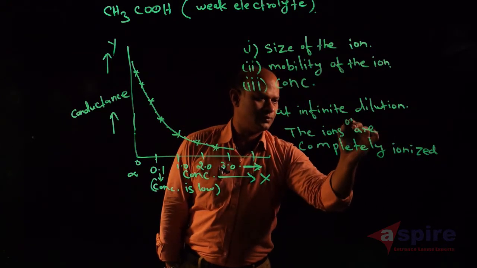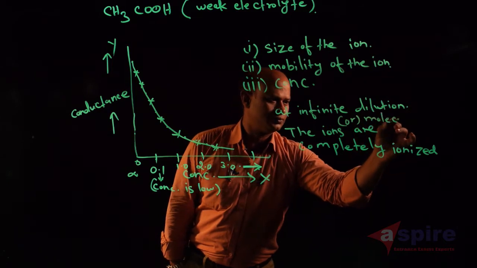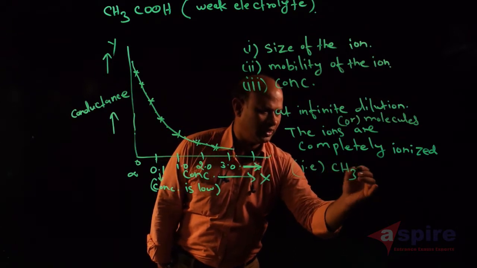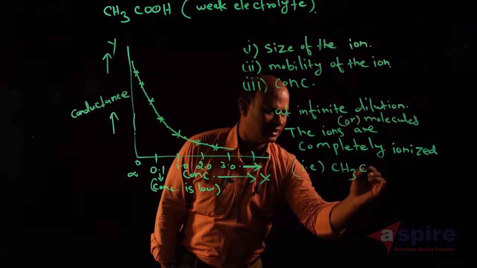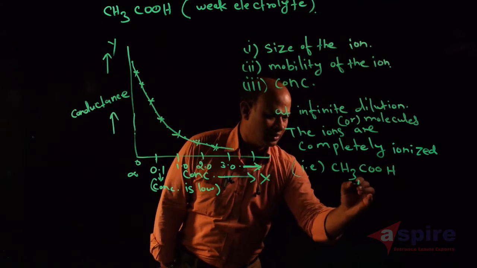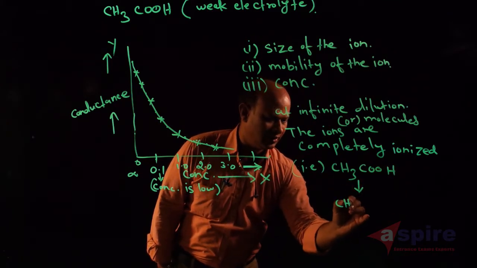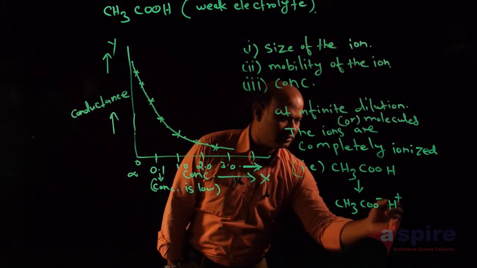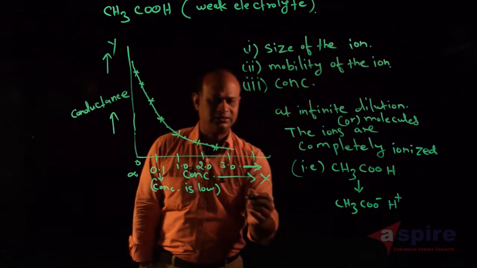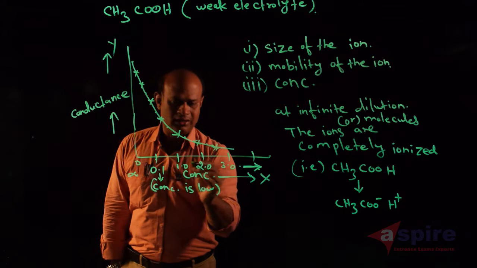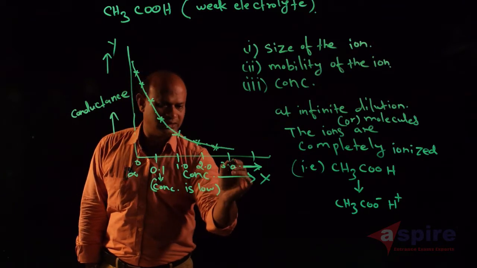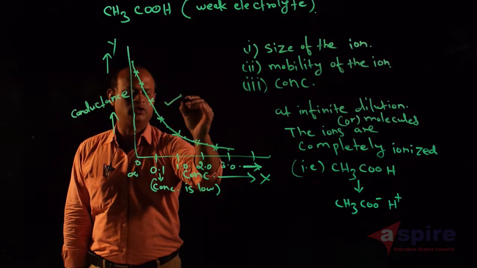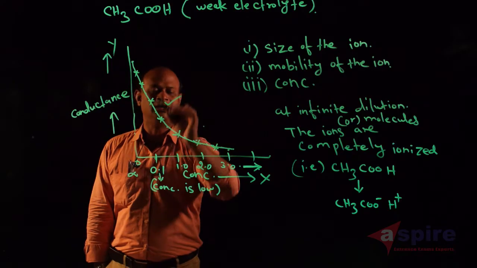That means, for example, if you take a weak electrolyte like acetic acid, CH3COOH, it will be ionized into CH3COO minus and H plus. So at infinite dilution, there is a large ionized state. Hence, we have maximum conductance at minimum concentration. At maximum concentration, we have minimum conductance. This is the answer for this graph. So this graph is the correct answer for this question.